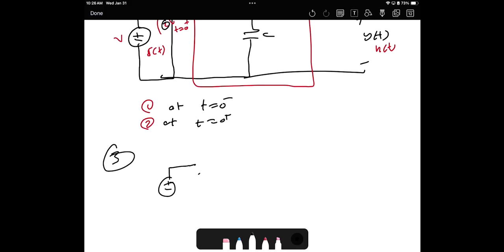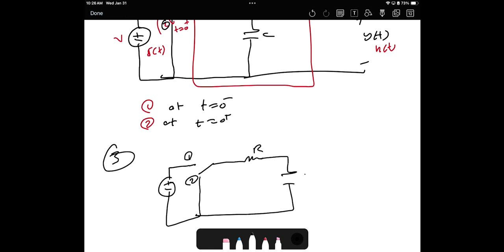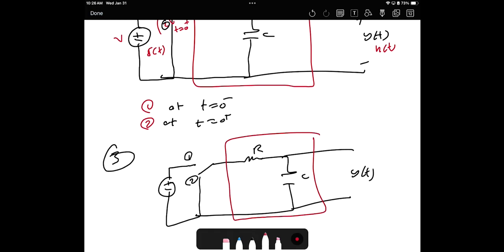Here is the switch, here are position 1 and position 2. Usually it will take time to go from 1 to 2. So let's assume position 1 at t equals 0, and position 2 at t equals epsilon, such that epsilon is a very small number.